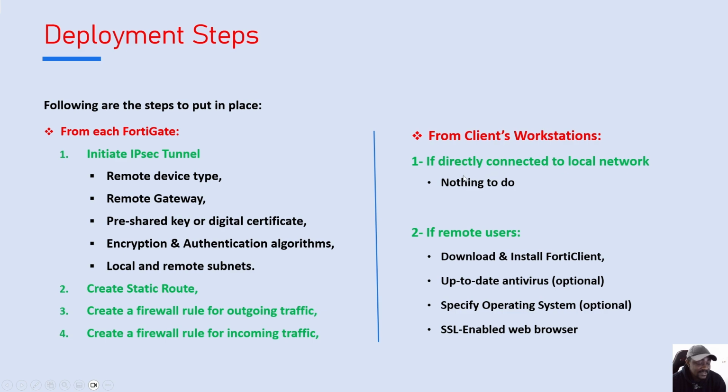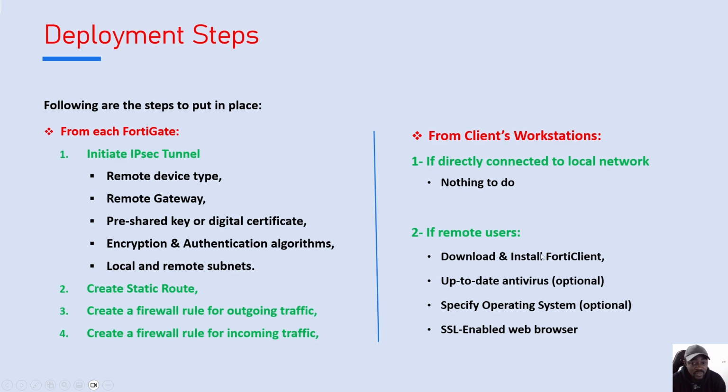Once the tunnel is established between both FortiGate devices, the user can directly send requests to the remote subnet. But if the user is a remote user, he will normally need to connect through VPN. You need to use FortiClient VPN to connect to one location, so that from that location he can get access to the other location.